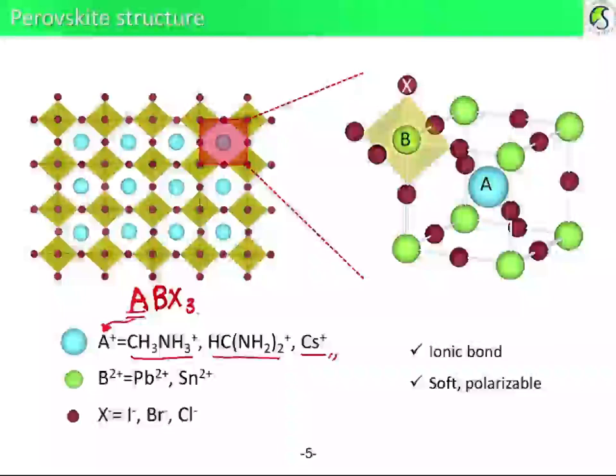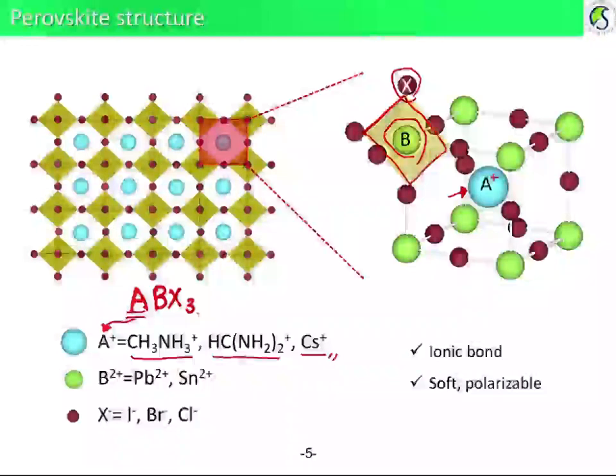This A cation occupies the cubo-octahedral site of the unit cell, and this A cation is surrounded by BX octahedra, which corresponds to here in the two-dimensional view of the crystal.